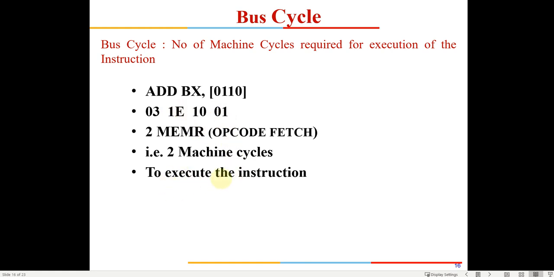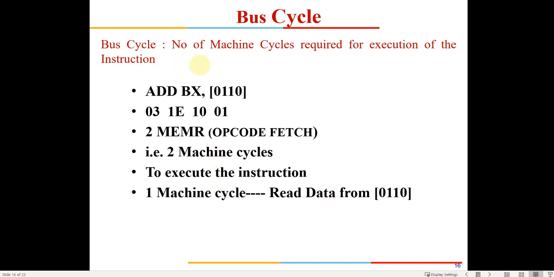So when we are executing it, whatever physical address is available, we are not going to add that, we are going to get the data from the memory. Some data is to be fetched from the memory, so it is going to take one more machine cycle, which is known as the read data from this memory location. So one more machine cycle will be used during execution, and once that data is read, it will just add these 2 data.